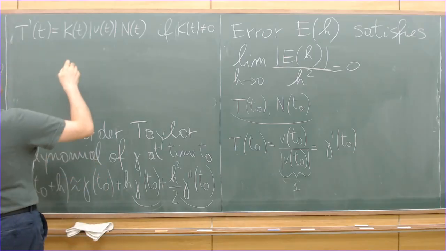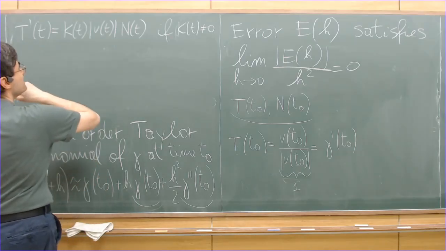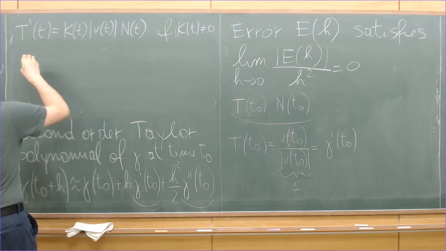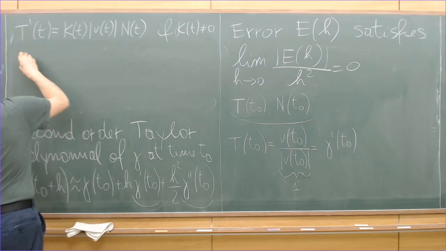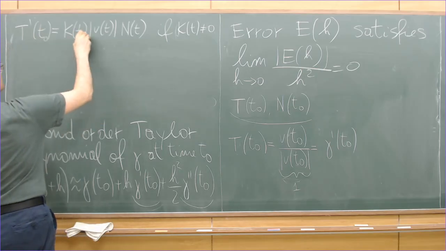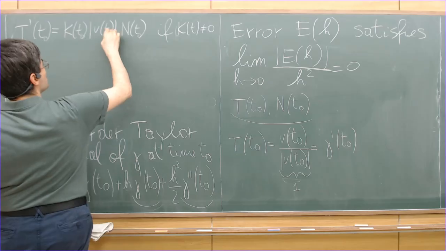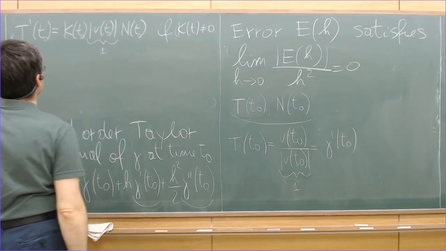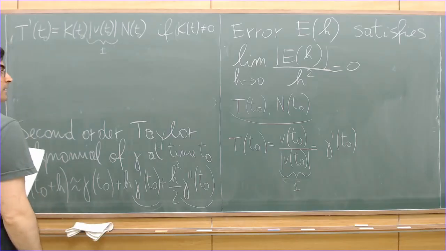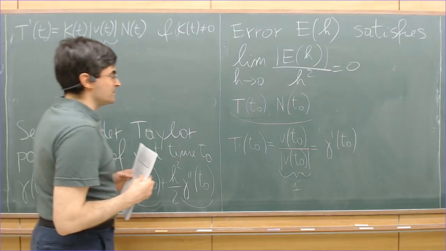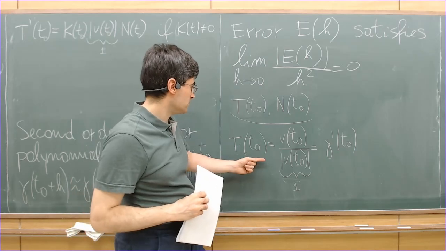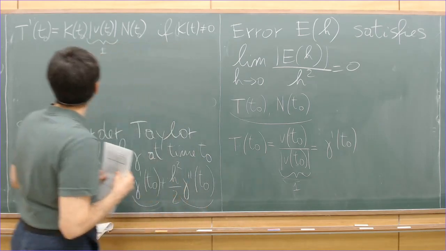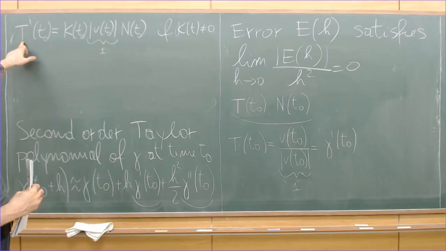First of all, we are considering the time t0, so I have to evaluate this expression at t0. Then I use the fact that the curve is unit speed, so this is equal to 1. And now I use again this formula, and I try to compute T prime of t0.